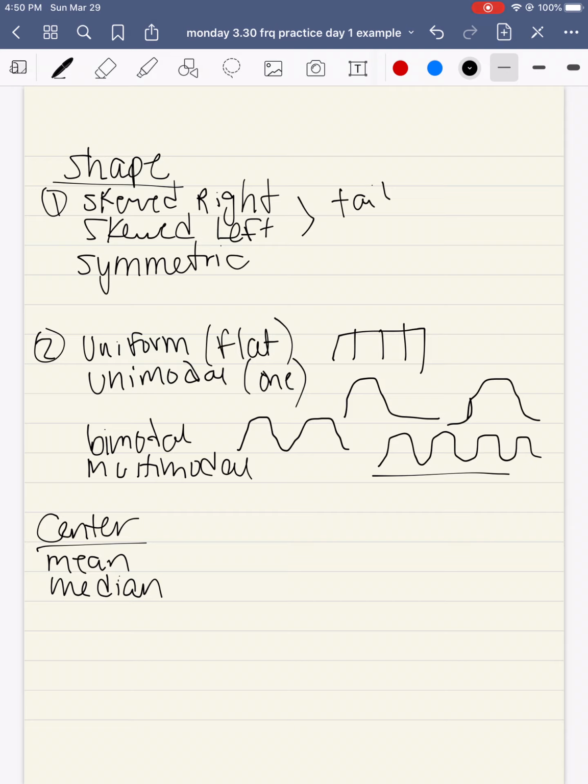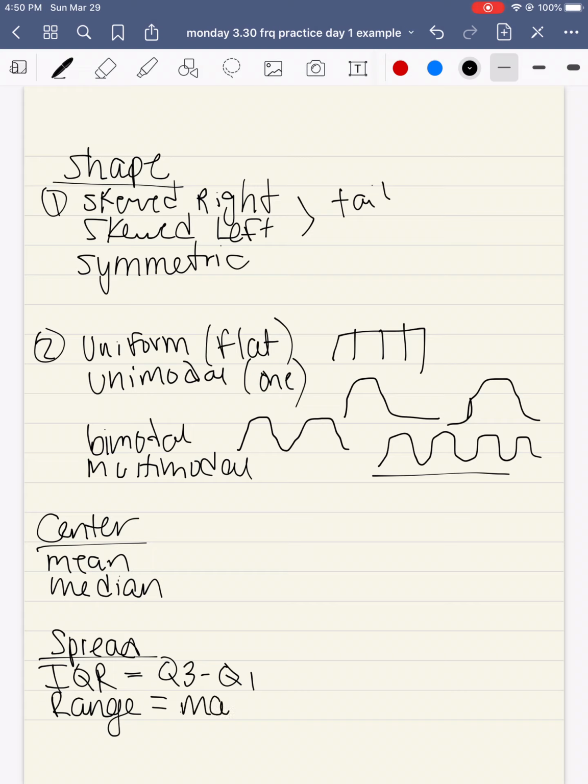And then lastly, our spread. So the spread can be the IQR, so that's equal to Q3 minus Q1. This could be the range, which is equal to the maximum minus the minimum.